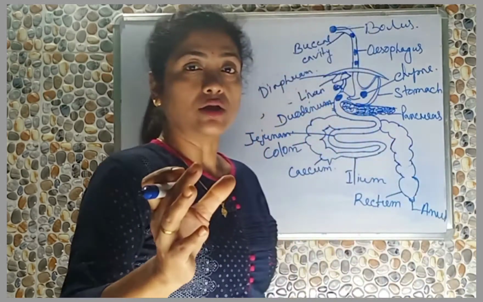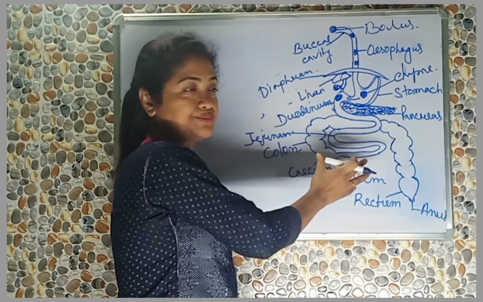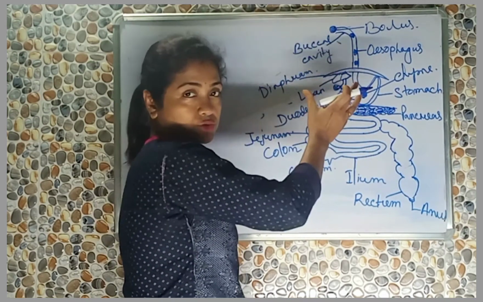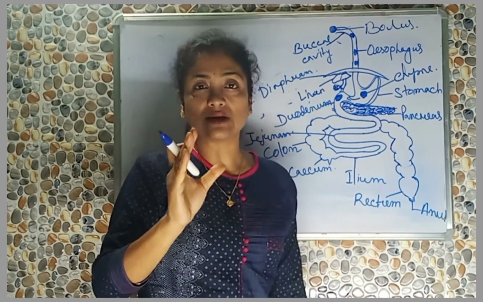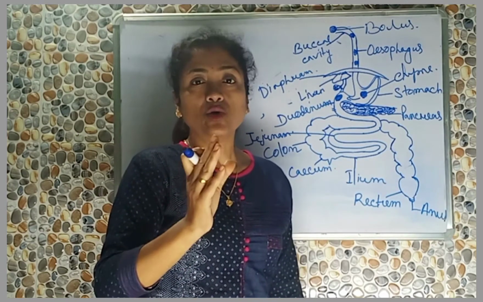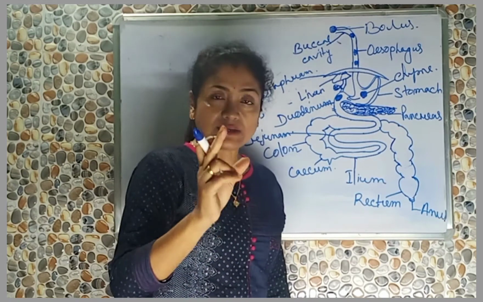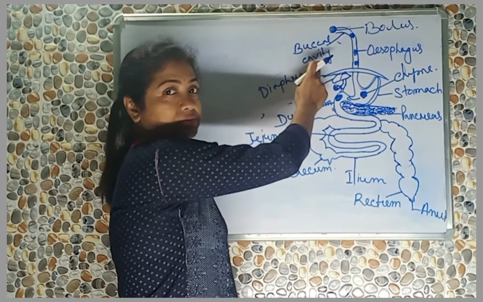Now you focus on the diagram of the digestive system. So this is buccal cavity. After ingestion of food, the three pairs of salivary glands secrete saliva, and saliva contains salivary amylase, which is a carbohydrate digestive enzyme. So digestion starts inside our buccal cavity.